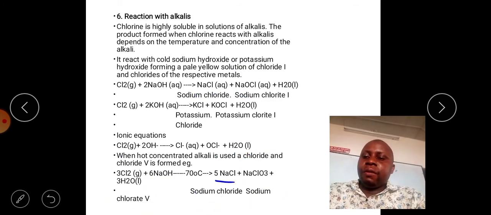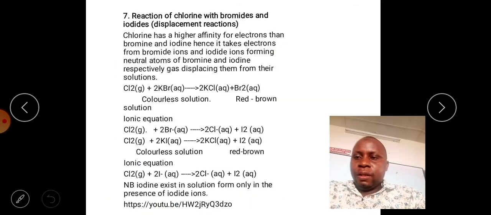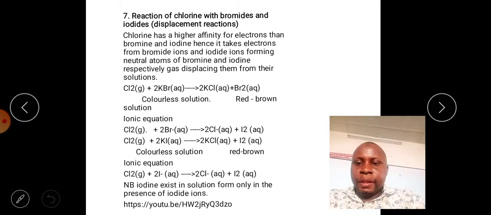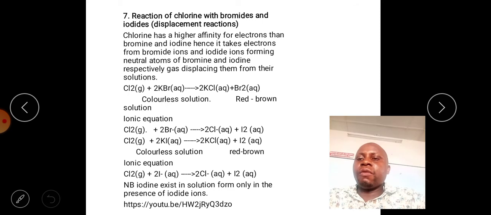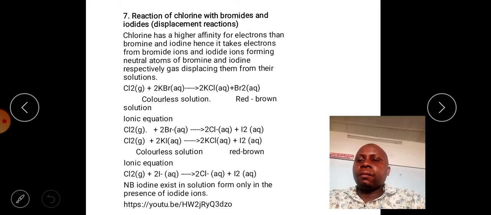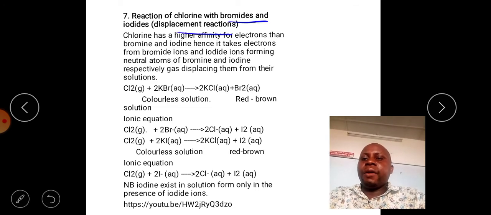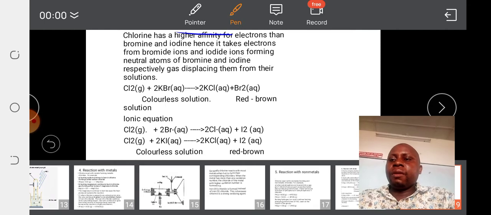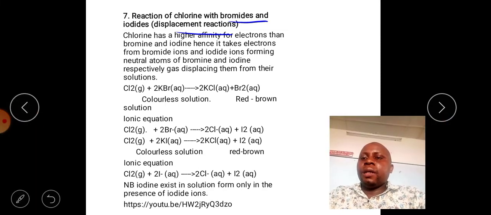Now, last but not least, let us investigate the reaction of chlorine with bromide and iodides. Okay, the reaction between chlorine with bromide and iodide ions.